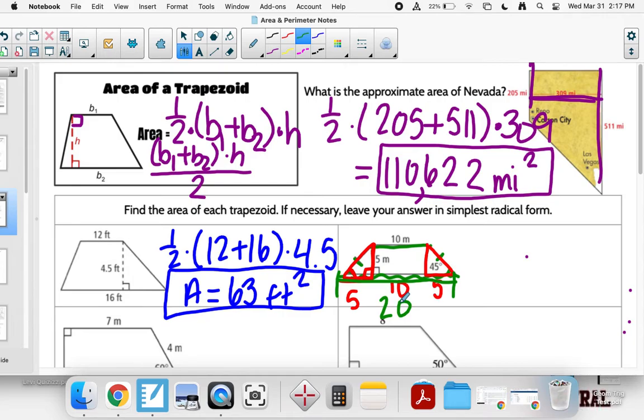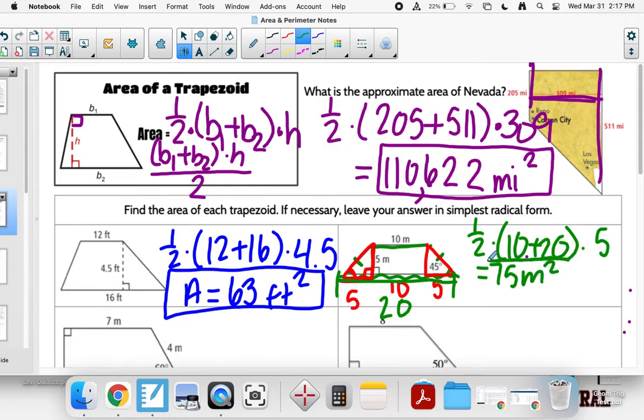So for our area, we have half times our bases added together, 10 and 20, times by our height, which is 5. What do you guys get there? 75. And then what's our label? Meters squared. Good.